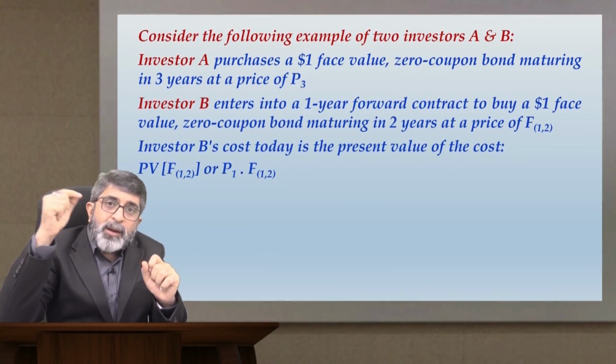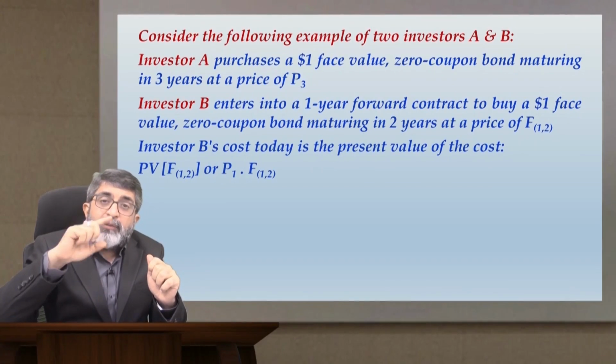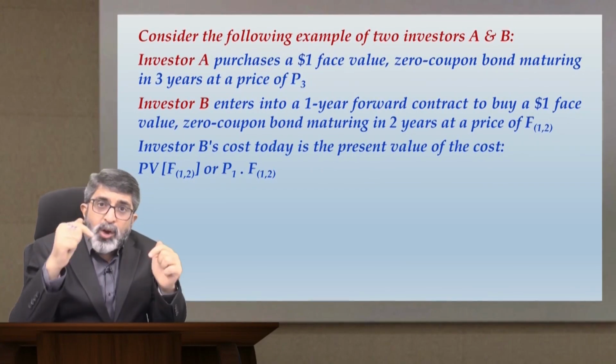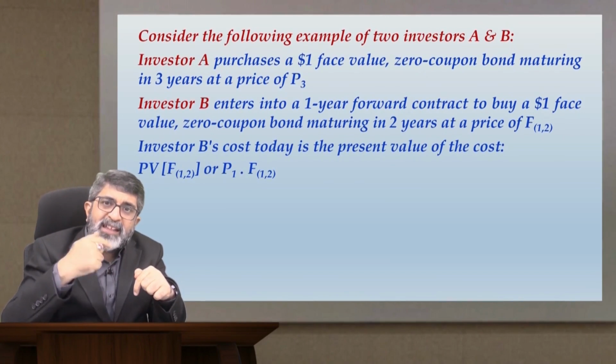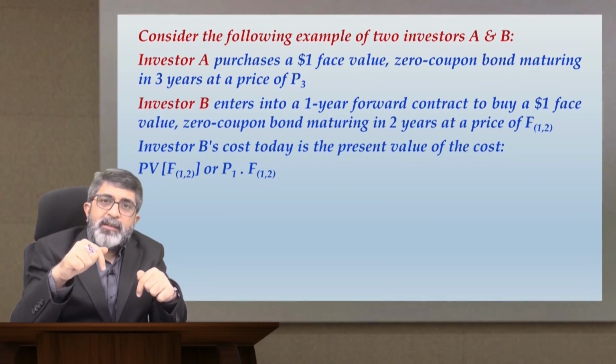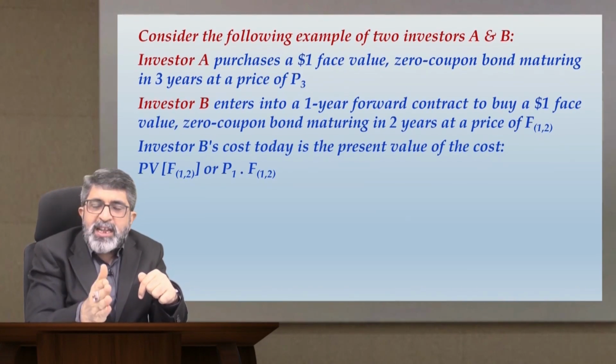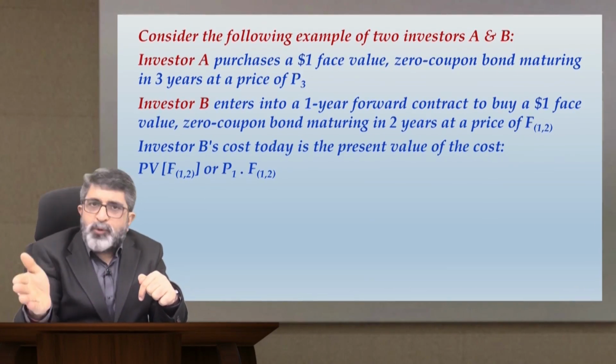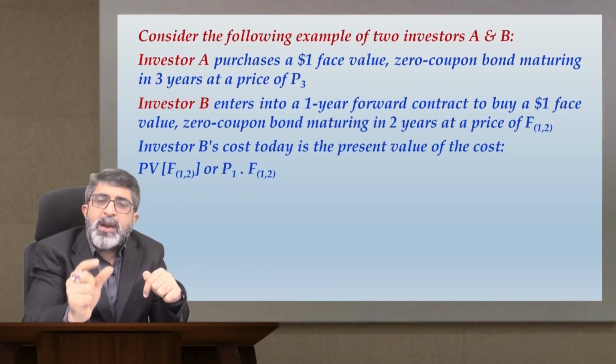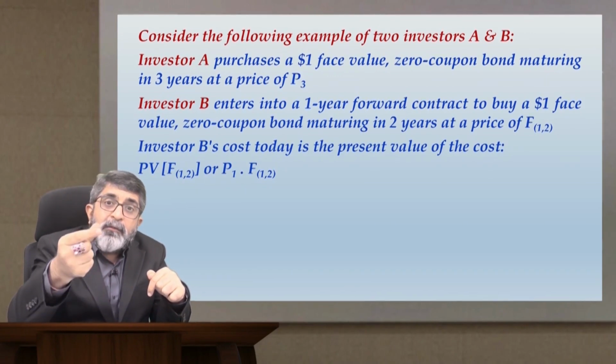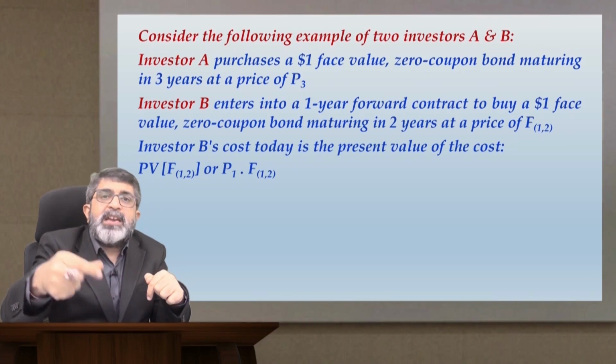So we are trying to determine the price today of that bond that will initiate after 1 year. So we don't want today's price, we want the price after 1 year. So that will be capital F1,2. That means initiating after 1 year and for a period of 2 years. So capital F1,2 is basically the value of that bond after 1 year from now.